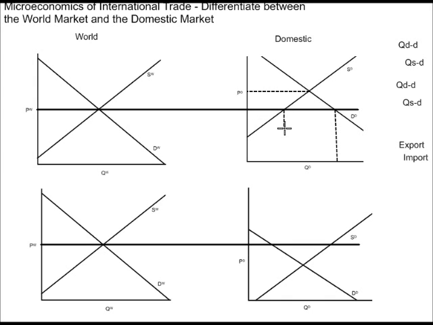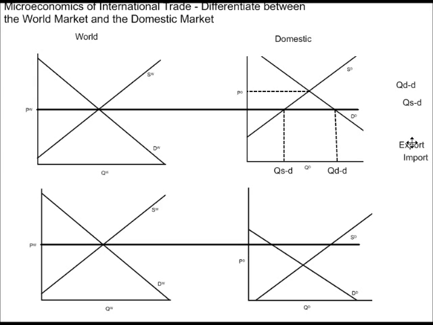Some of them are not going to be able to stay in business. It's not going to be rational for them because their costs are too high, and some of them are going to go out of business. We're going to see when we have global competition and we have lower world prices, the domestic quantity demanded is going to be higher, and the domestic quantity supplied is going to be lower. Some of our domestic companies are not going to be able to compete on a world stage.